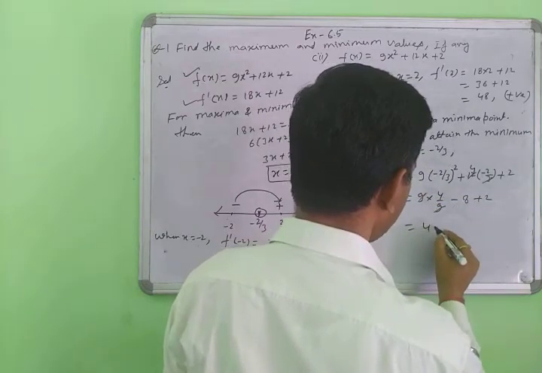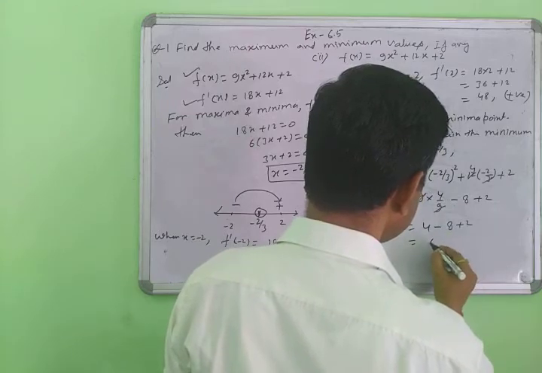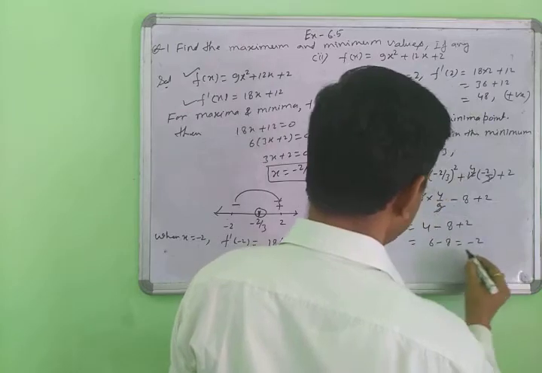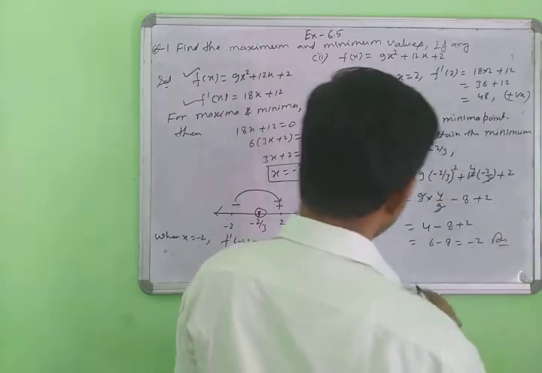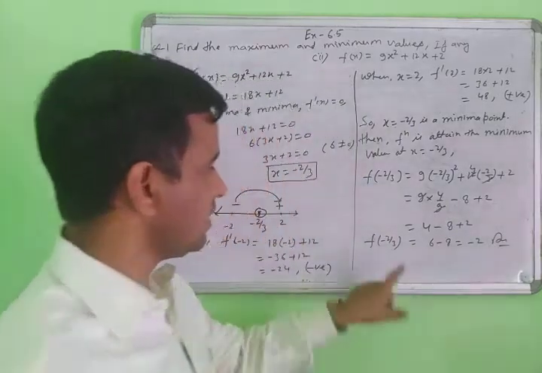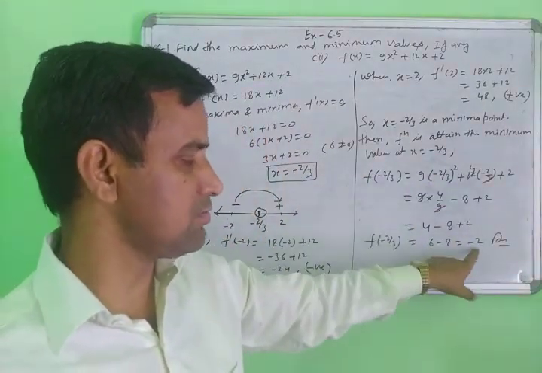What is left? 4 - 8 plus 2, which means 6 minus 8 equals -2. The minimum value of the function is -2. After calculating this, the value is -2.